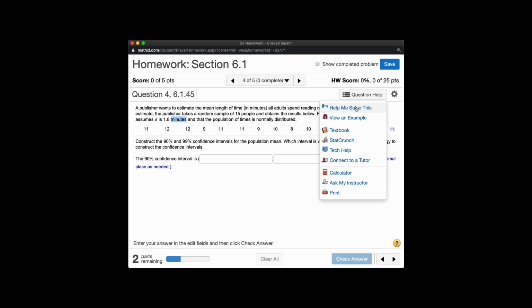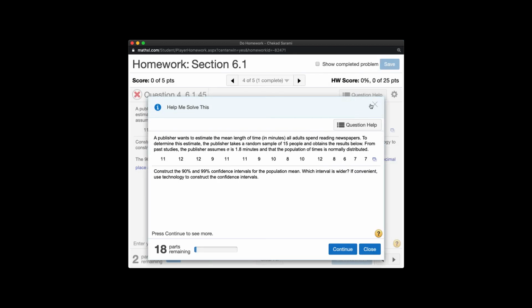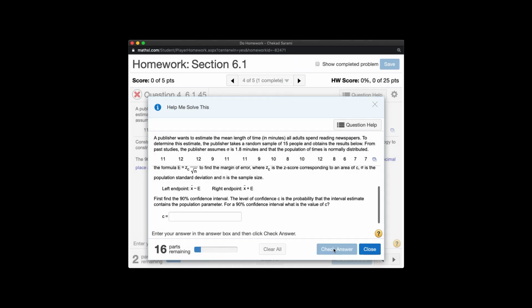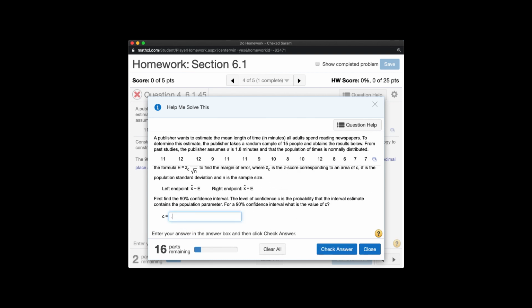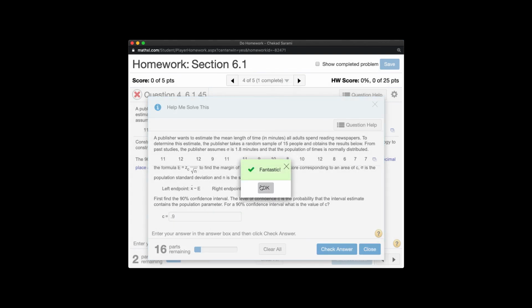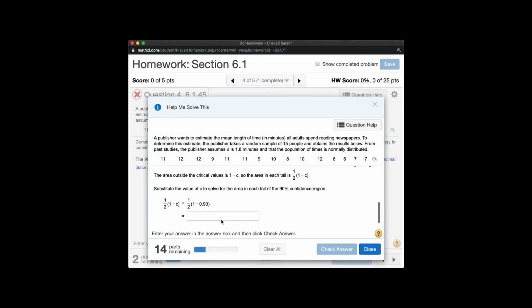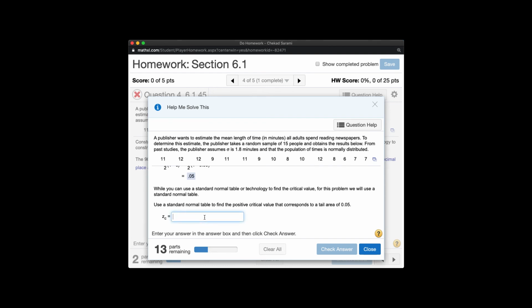Moving forward, for 90% it is 0.9. This time the tail area will be 0.05 again. zC is the positive critical value, 1.645, was it?